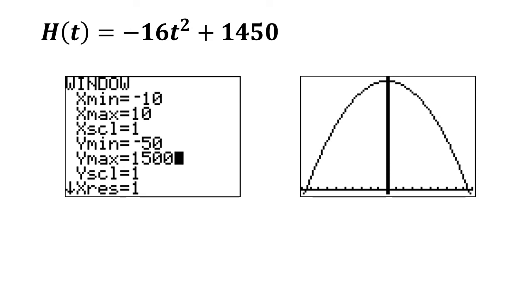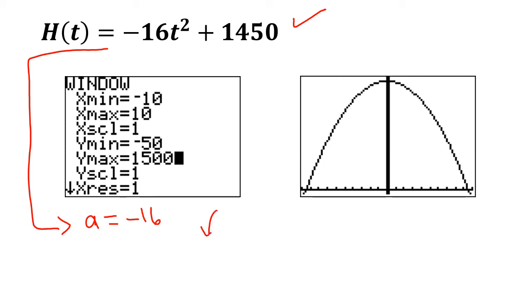So here we have the example again of h of t equals negative 16t squared plus 1450. If we look at this function, we can see that A is negative 16. Therefore, the parabola should open downward. B is 0, so that means that the turning point is on the y-axis.